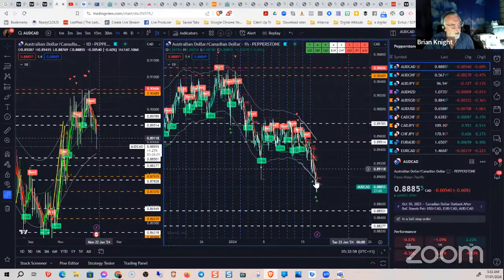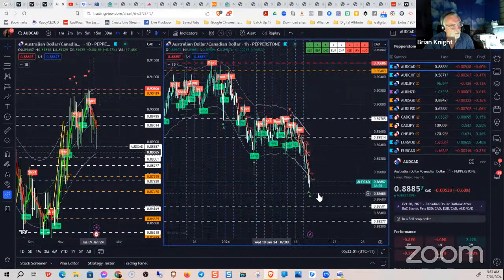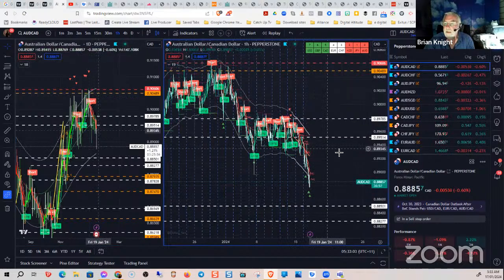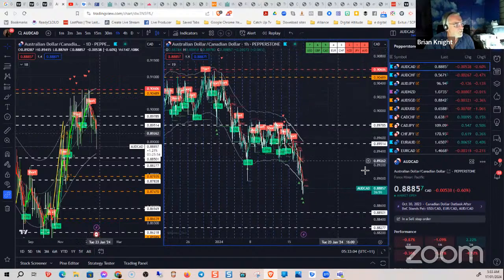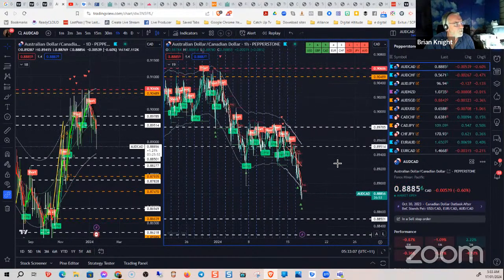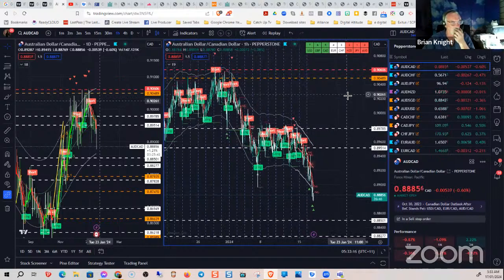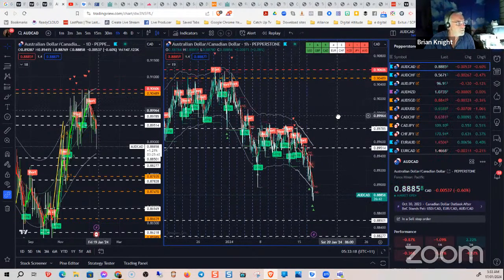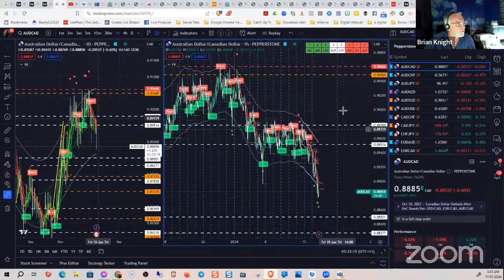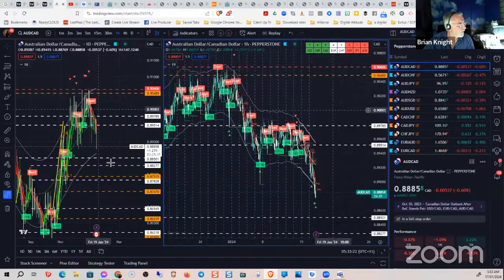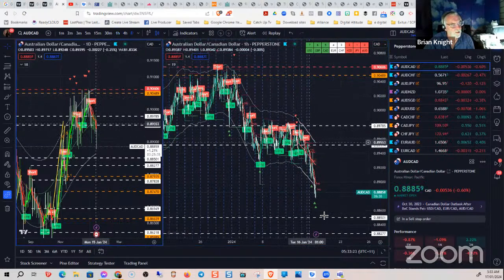Potentially, though, in the lower time frame we're going to have a little pullback, which is often predicted. Darren knows that things will do a bit of a pullback before they start to drop back off again. So that's all I'll be waiting for on this one. I didn't get into it.